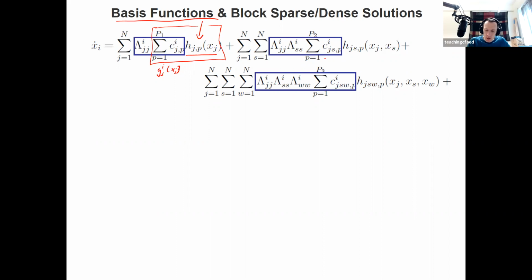Here, now you have something even worse, right? You have to count through many of them. So this is now G J S I of xj and xs. This is this block, and here is this even longer thing.